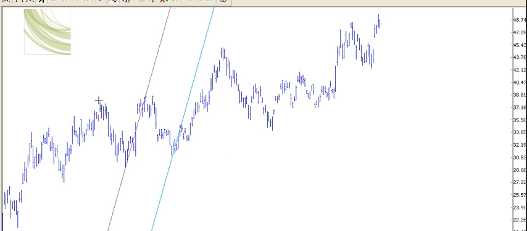So in other words, it would be equidistant. This is your center line, and it would be out here. Now the trick is picking the right center line according to the rules, and then picking the right action points.